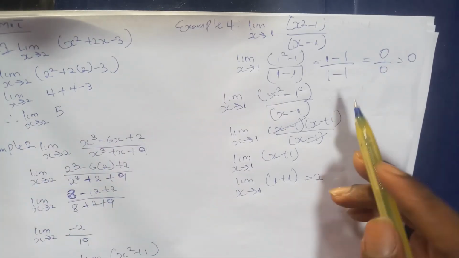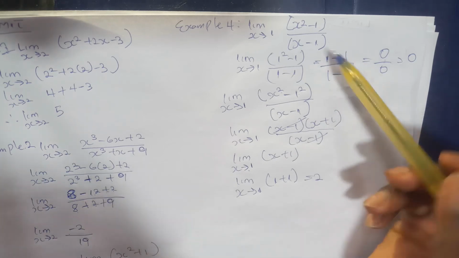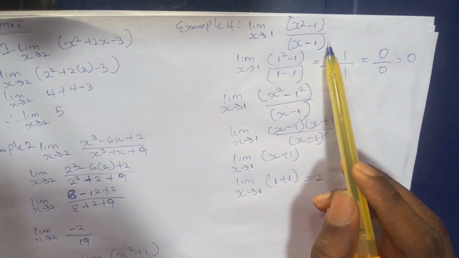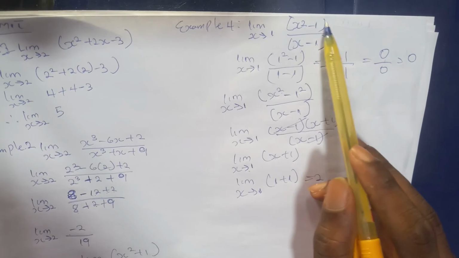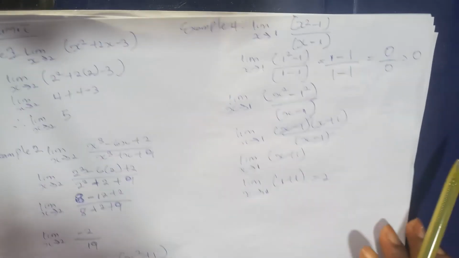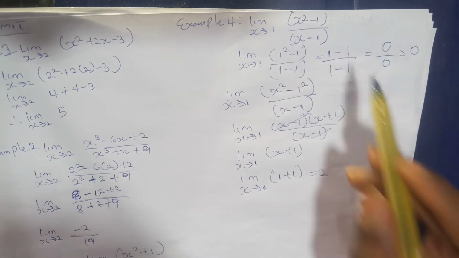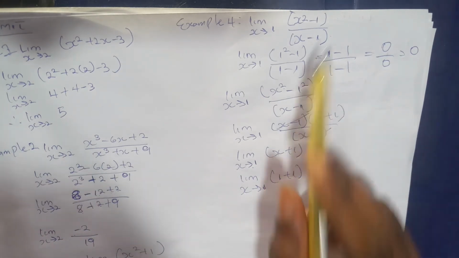So in this method, this just means that x minus 1 is a factor of x squared minus 1. To get the factor of this, you can still use polynomial division to arrive at it.